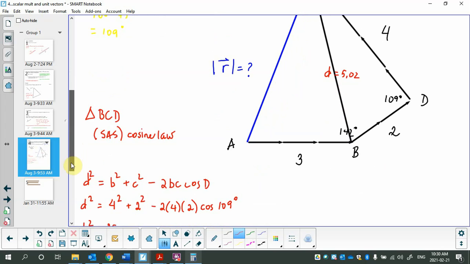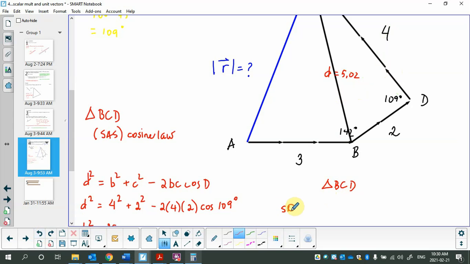Now that I have two opposite pieces of information, I can find this opposite piece of information, and I can now do the sine law, because the sine law is when you have opposite pieces of information. And I'm still in triangle BCD.